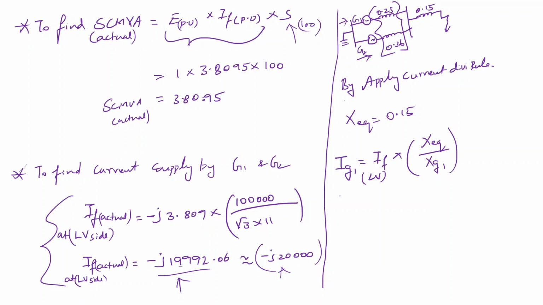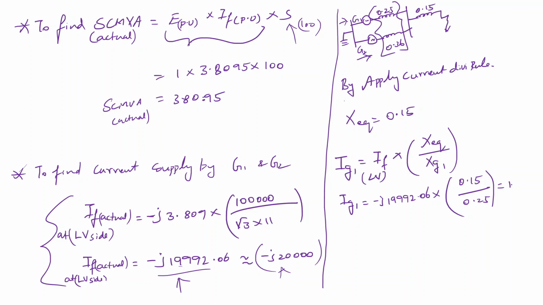So Ig1 is equal to IF. What is IF current? That is nothing but minus J 19992.06 into X equivalent value 0.15 divided by Xg1 value 0.25. So what is the value?